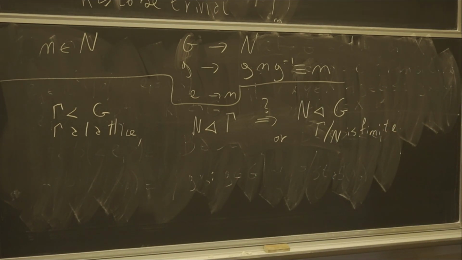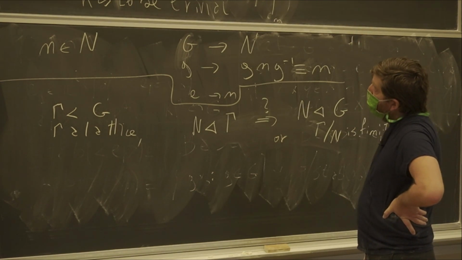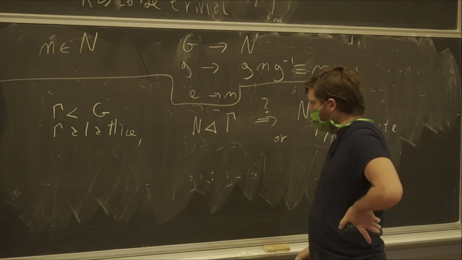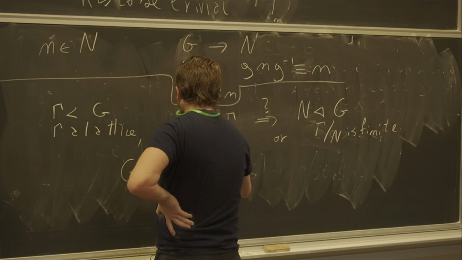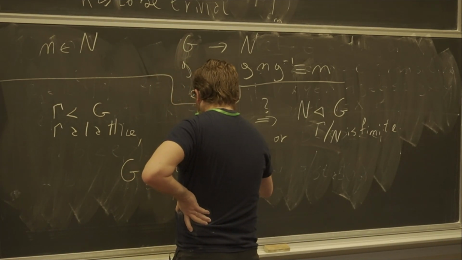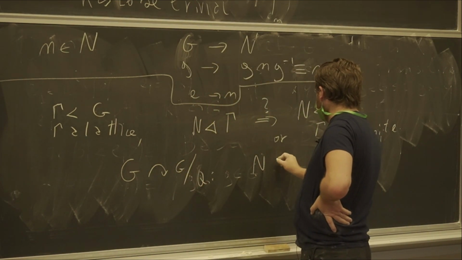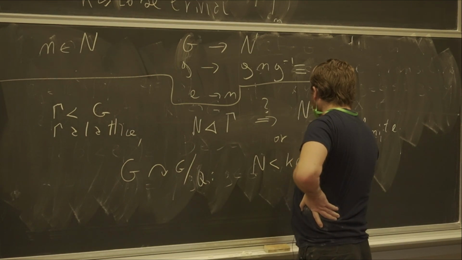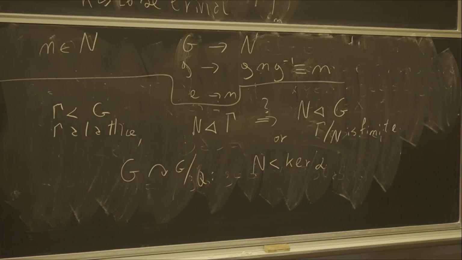Okay, and by playing this alpha game there, this action of G on G mod Q, what we are going to do is put N inside the kernel of alpha.